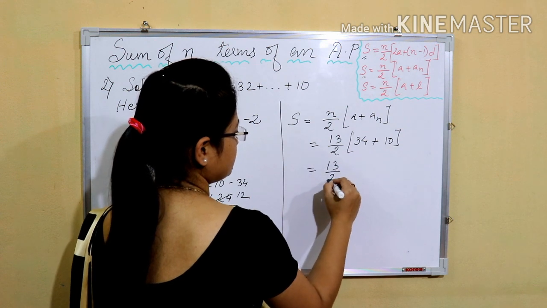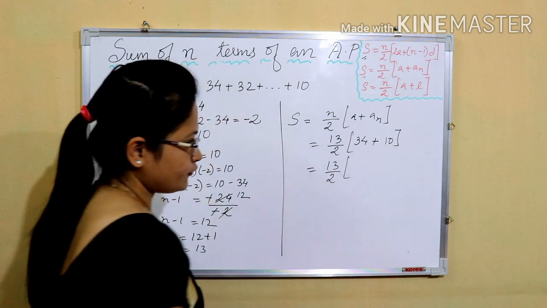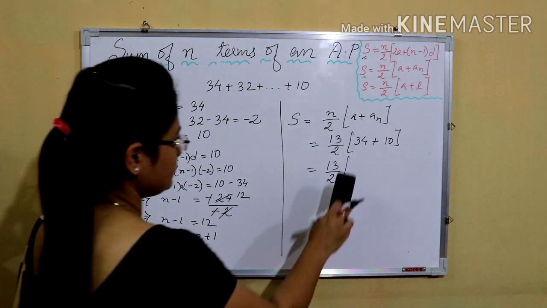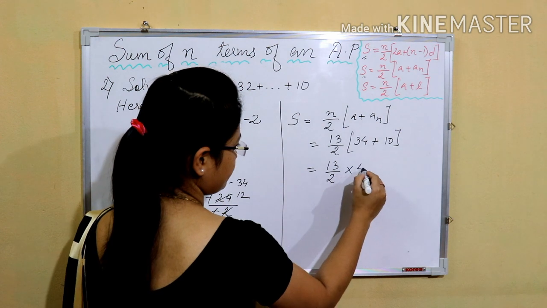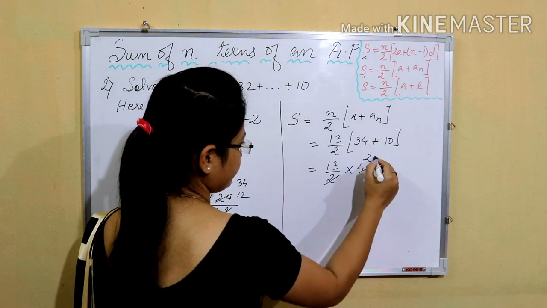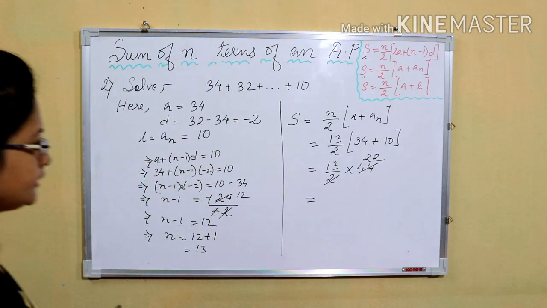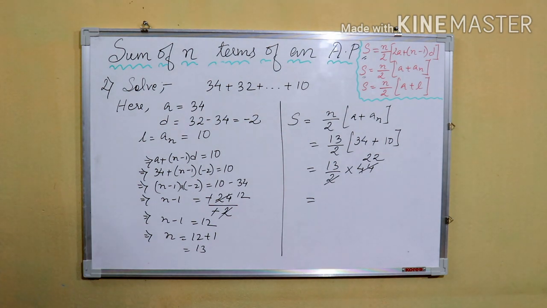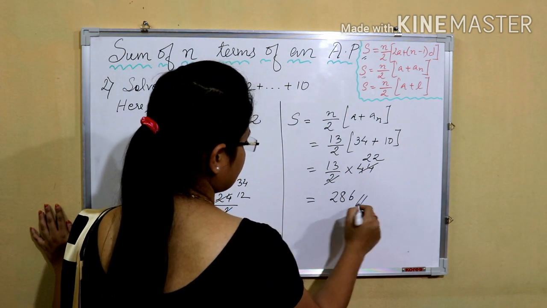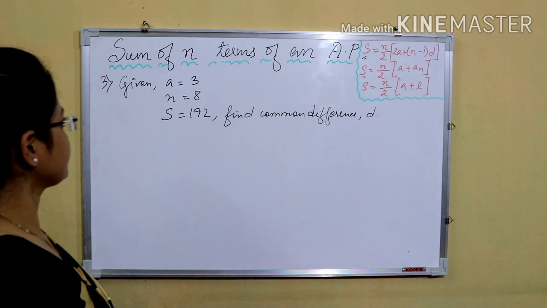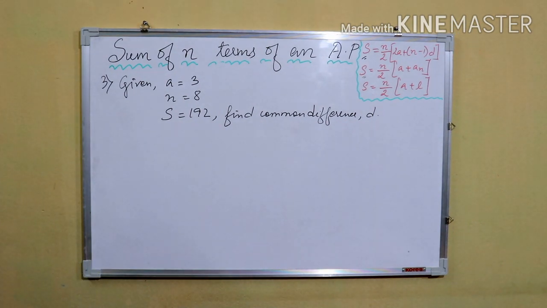So 13 by 2, 34 plus 10 will give you 44, multiplied by 44. So we need to multiply 13 and 22. By multiplying 13 and 22, we will be getting 286.